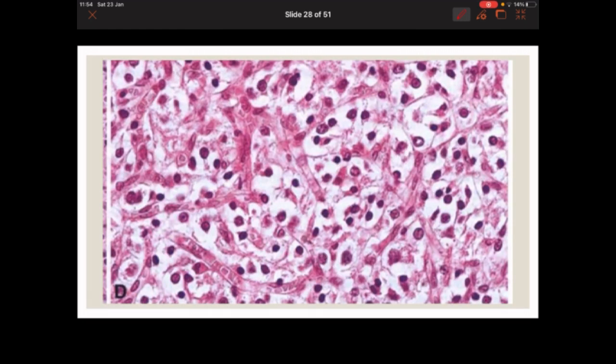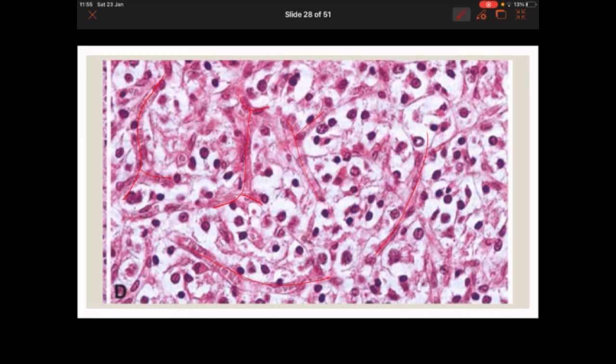This is another closer view of oligodendroglioma, in which in this view you can appreciate the presence of blood vessels. This is the blood vessel. This is delicate and small. They are branched blood vessels. This view highlights the chicken wire appearance of the blood vessels.